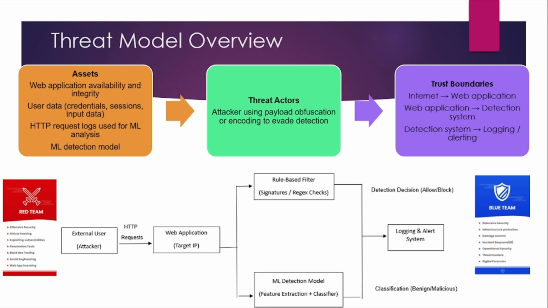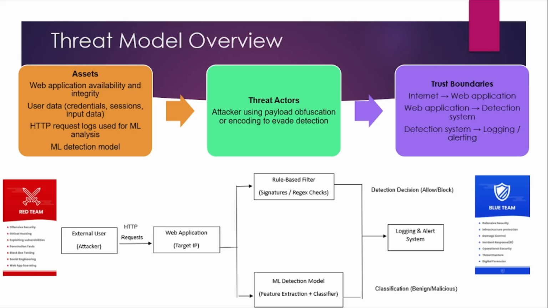If we take a look at the threat model overview, we are going to be performing two different tasks. The first one, we are going to act as penetration testers or attackers. Then we are going to turn on the blue team, and we are going to create our system to detect malicious attacks.